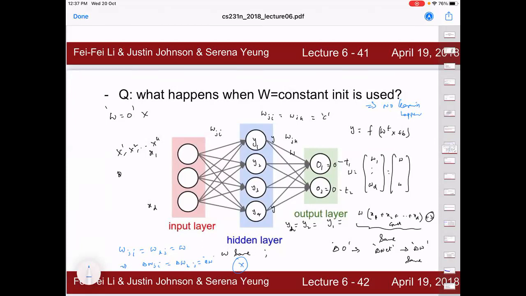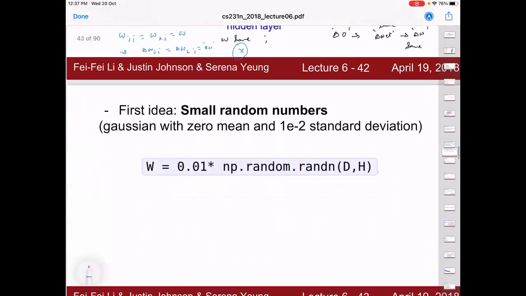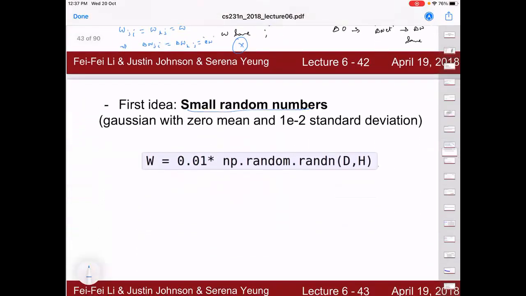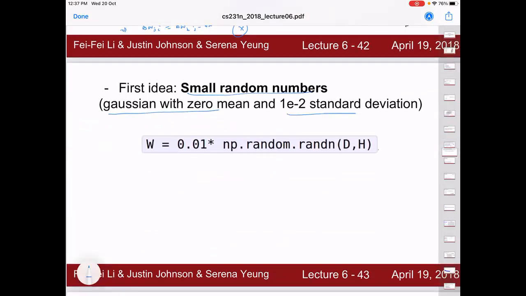We can initialize with random weights. Uniform random weights is one procedure, and Gaussian random weights with zero mean and small standard deviation is another. When we keep the standard deviation small, if we have a smaller network, it is fine.